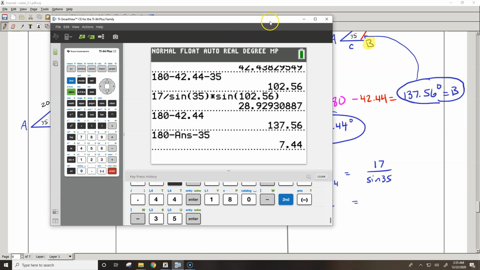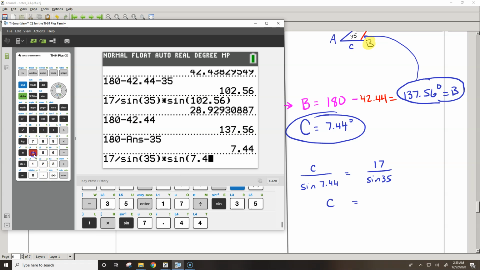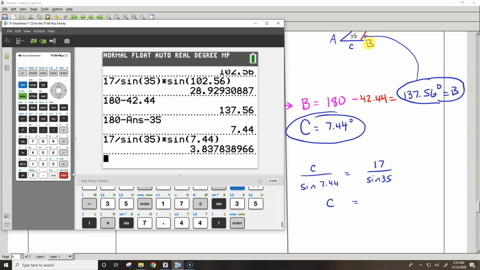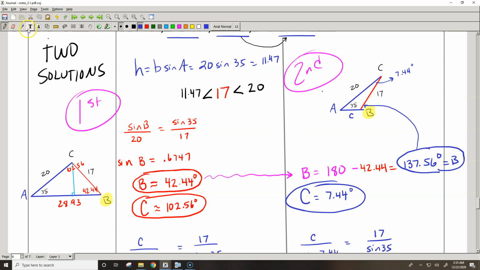If I bring up the calculator one more time, I'll get 17 divided by sine 35, and then I have to multiply by sine 7.44. And I get about 3.84. And there is my second solution. So 3.84 goes here.